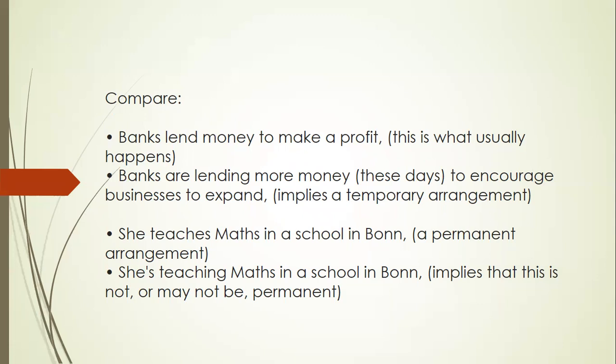This is what usually happens. So it is a usual action. Banks are lending more money these days to encourage businesses to expand. It implies a temporary arrangement. So the first sentence is a usual action, but the second one is a temporary arrangement.